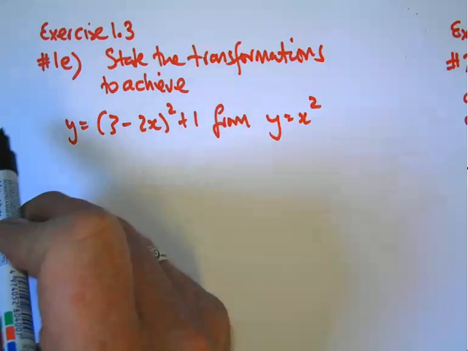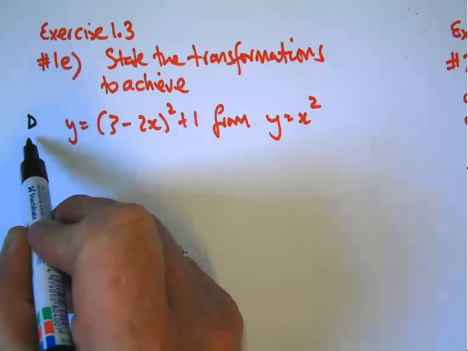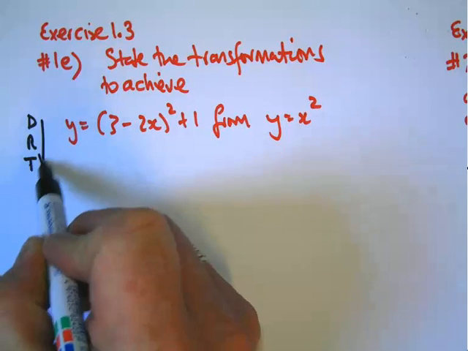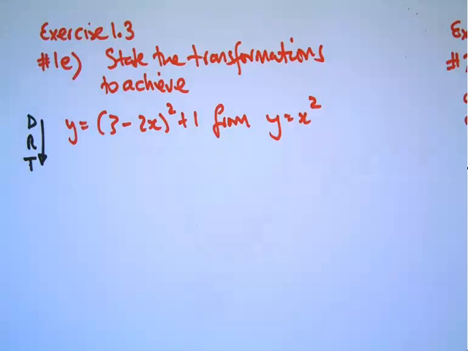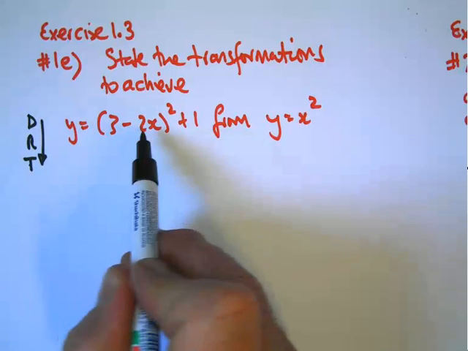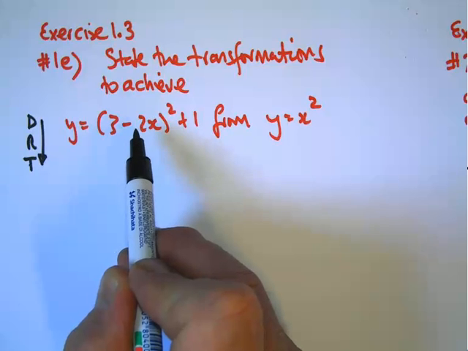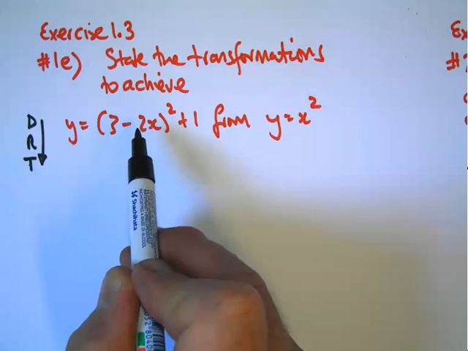Because I'm interested in describing transformations as dilations, reflections, translations, DRT in that order, I need to do a little bit of isolation of the dilation, the reflection and the translation inside this bracket first.